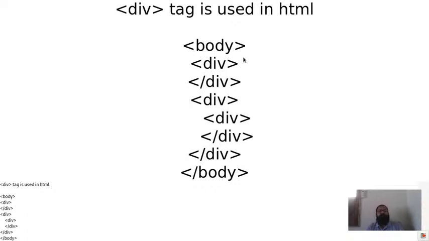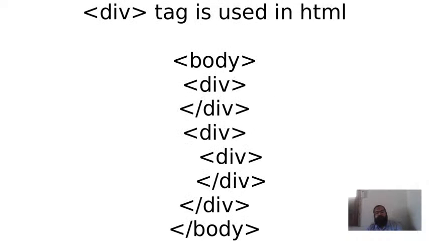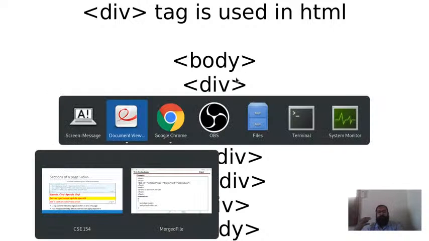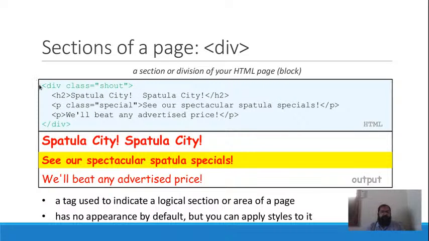Okay, so the div tag is something that we will be using in HTML, and here the div tag is a bigger tag which has multiple other tags like h2, p and p inside that. So this entire div tag is using the class shout, right?